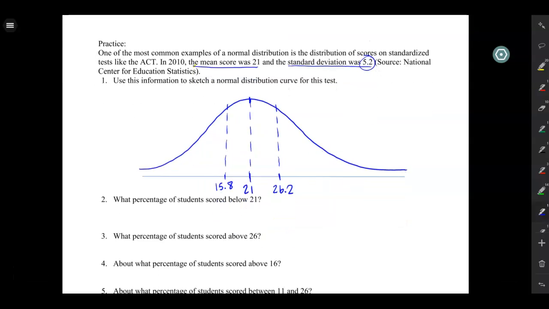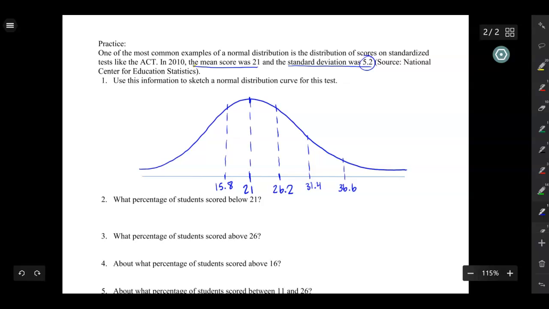Let's say I want to go another standard deviation to the right. I'm going to take that 26.2 and add another standard deviation of 5.2 to land me at 31.4. Maybe we'll just add the other one while we're here too. If I go another standard deviation up, it's going to land me at 36.6.